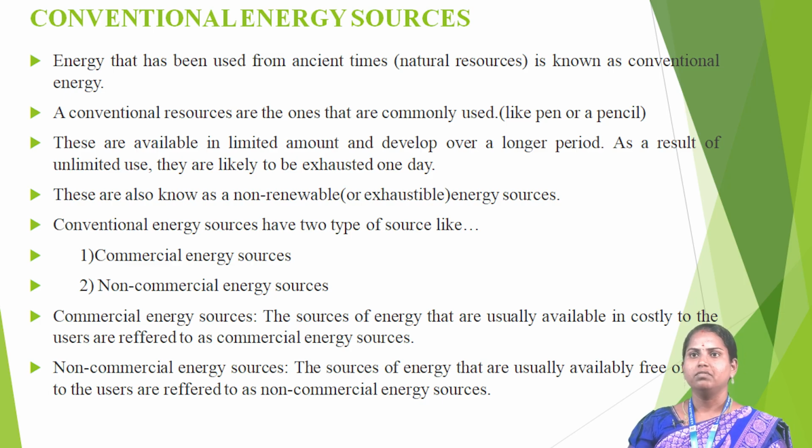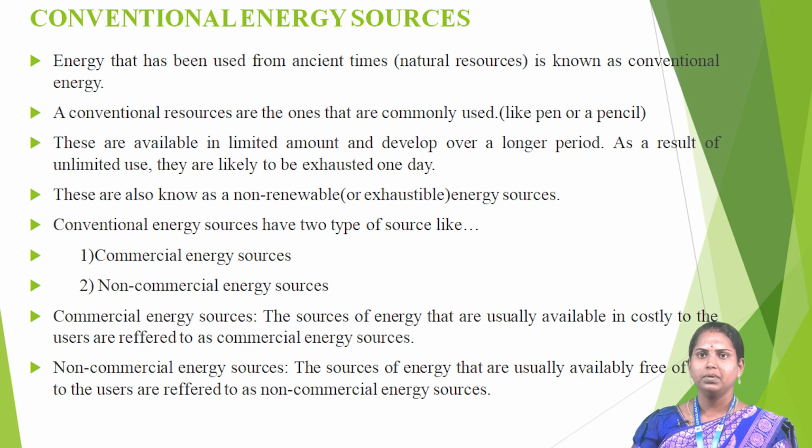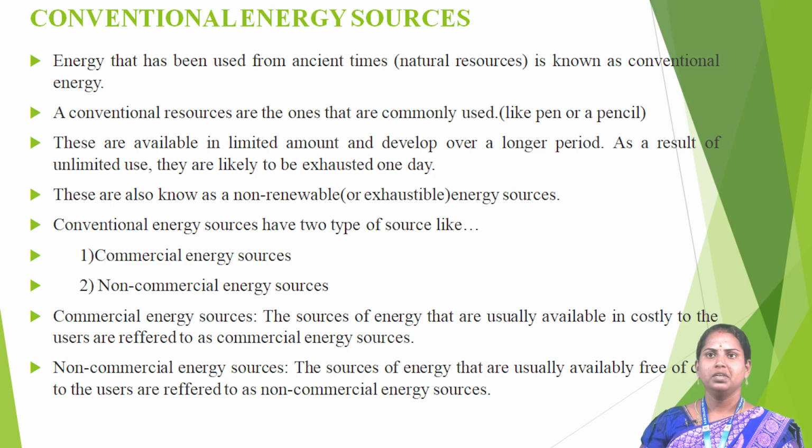It's a pie chart for the conventional energy sources. Coal has 29%, hydro energy has 29%, nuclear energy has 28%, natural gas has 7%, and crude oil is 7%. Conventional energy sources have two types: commercial and non-commercial. The sources of energy that are usually available at a cost, referred to as commercial energy sources.